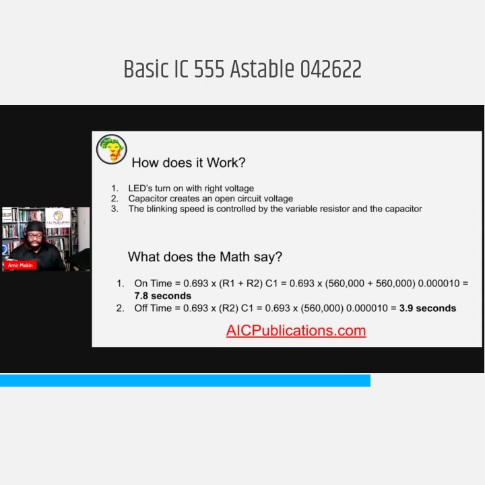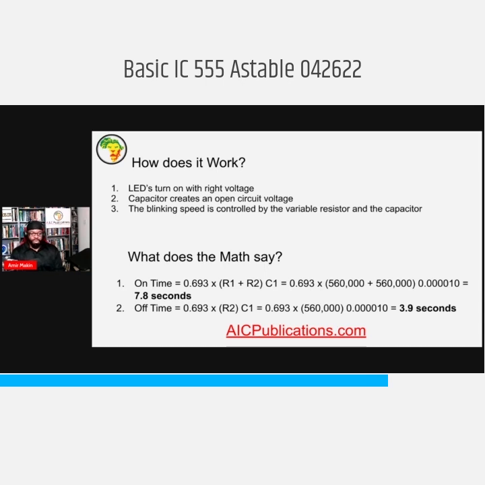So that works. The off time formula is 0.693 multiplied by the second resistor multiplied by the capacitor. And that comes to about 3.9 seconds. And if you recall, when we used our timer, the off time of this pulse was about 3.5 seconds.